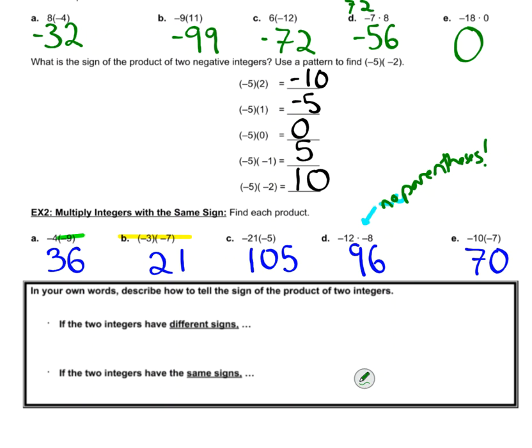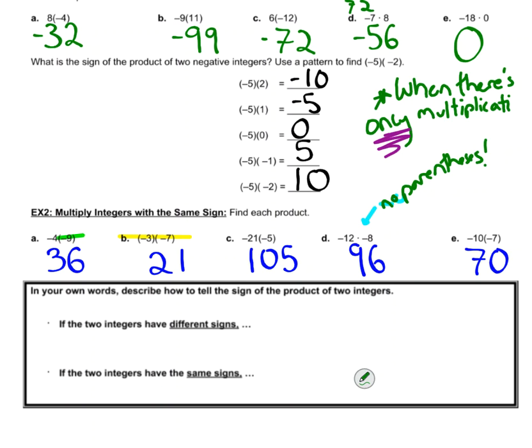So let's write that as a note, maybe in the space up here. When there's only multiplication, you can use either the multiplication sign or the parentheses signs to indicate multiplication.